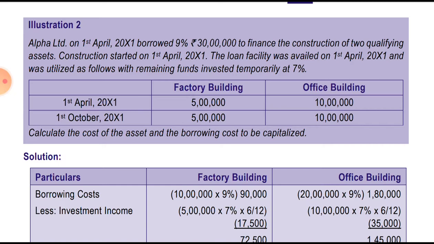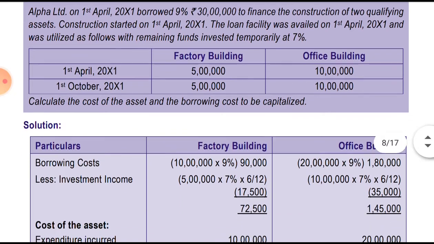The remaining 5 lakh for the factory building, and the remaining 10 lakh rupees for the office building, is expended in October. So for 6 months this 15 lakh is lying idle, and we invest that idle money to earn interest income.